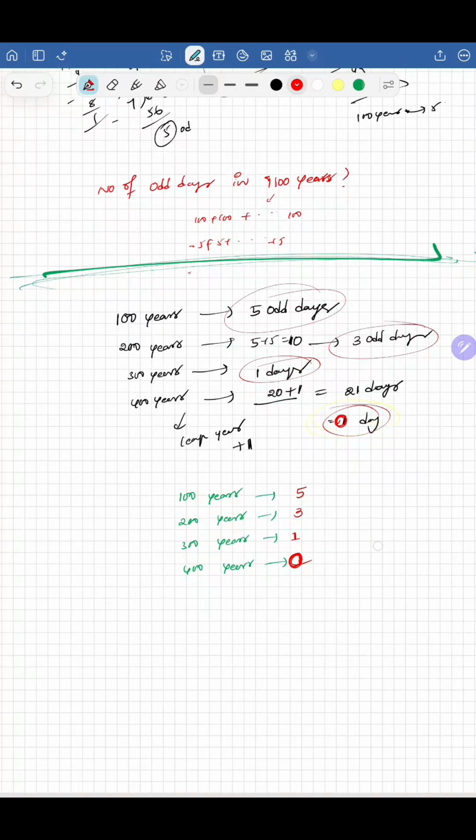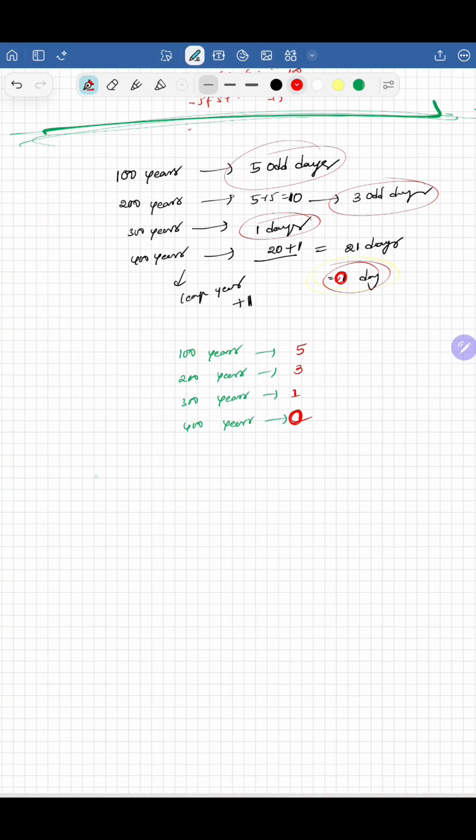Okay, so now I can tell you how to find out the number of odd days in 1100 years. How can you do that?